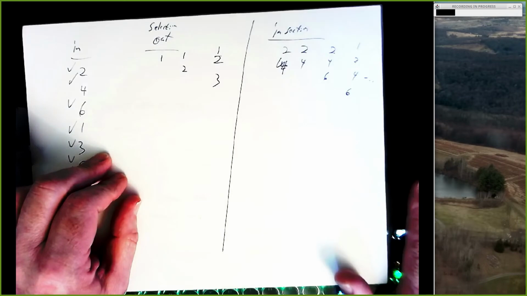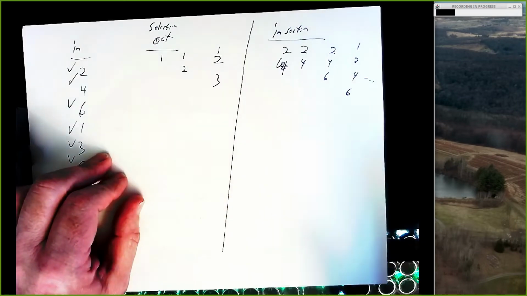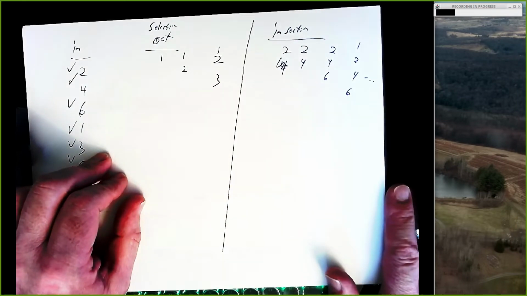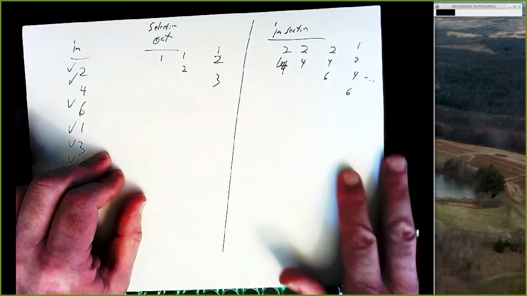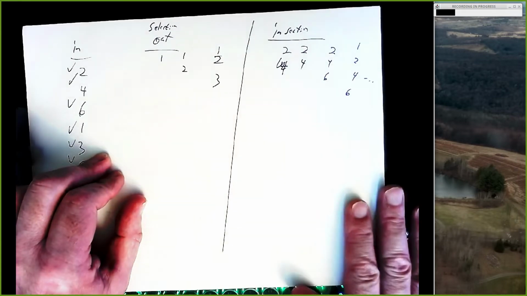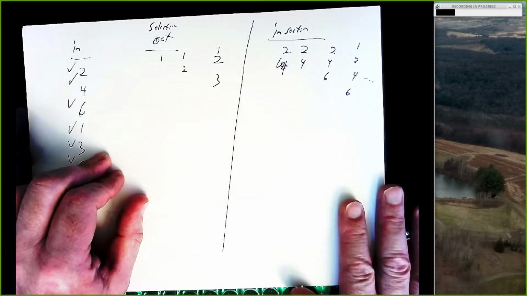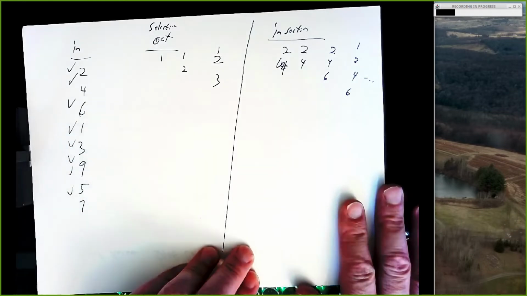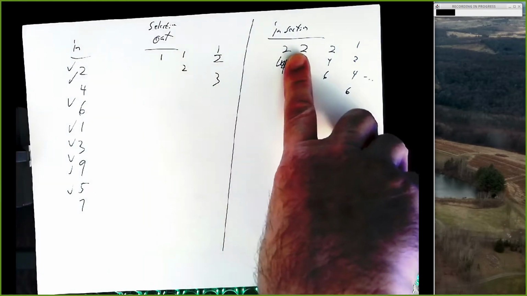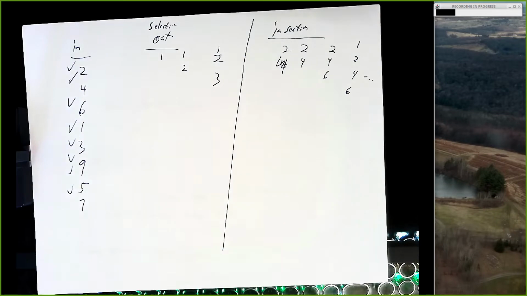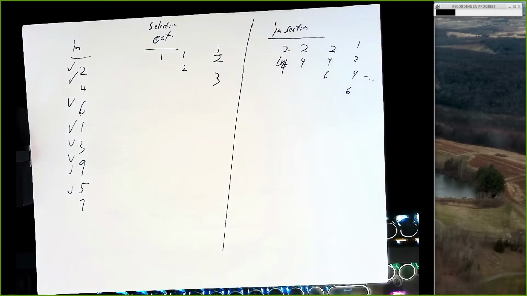So I take the first assignment, I put that in my output. I take the second one and I put it before or after that first one. And I take the third one and I put it before or after the first, second, or third one. And so on. And so I seem to sort of naturally do an insertion sort when I'm working with physical papers. It's the same amount of work as a selection sort, but it feels more natural somehow.